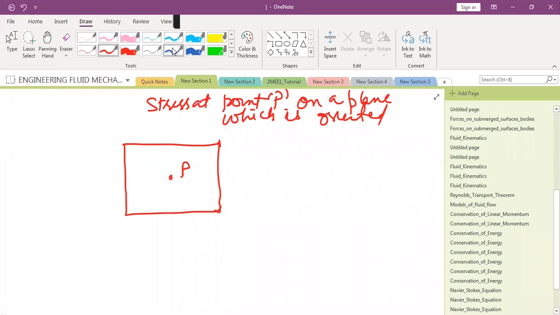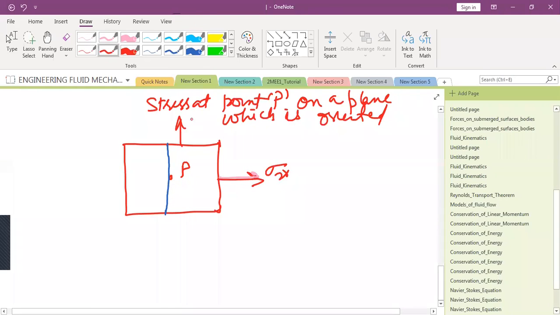So if I mark this plane, and you had something like this, I am drawing here. So this was sigma x, and this was a sigma y, this is a sigma xx, and this is tau. Likewise, this is sigma yy, this is sigma xx.